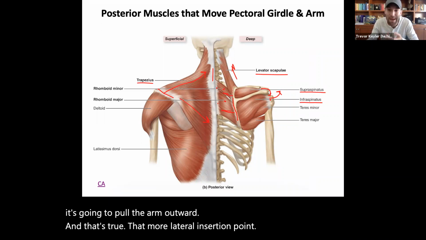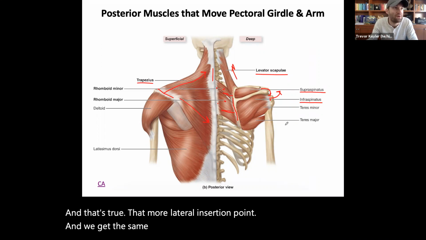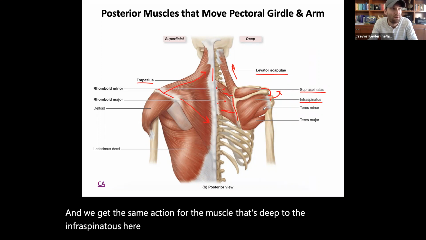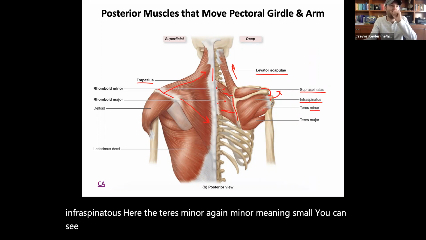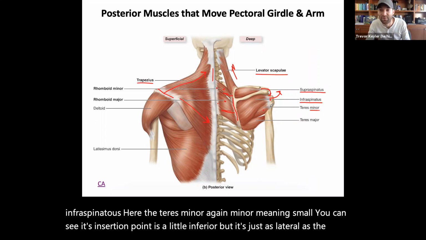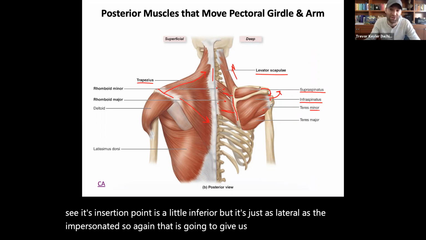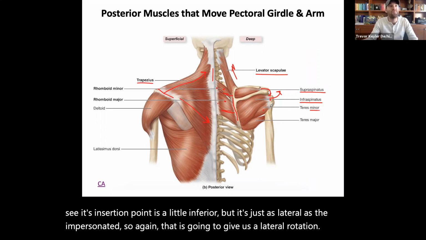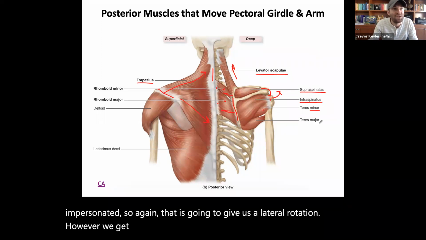And we get the same action for the muscle that's deep to the infraspinatus here, the teres minor. Again, minor meaning small. You can see its insertion point is a little inferior, but it's just as lateral as the infraspinatus. So again, that is going to give us a lateral rotation. However, we're going to get something different when we look at this teres major now.